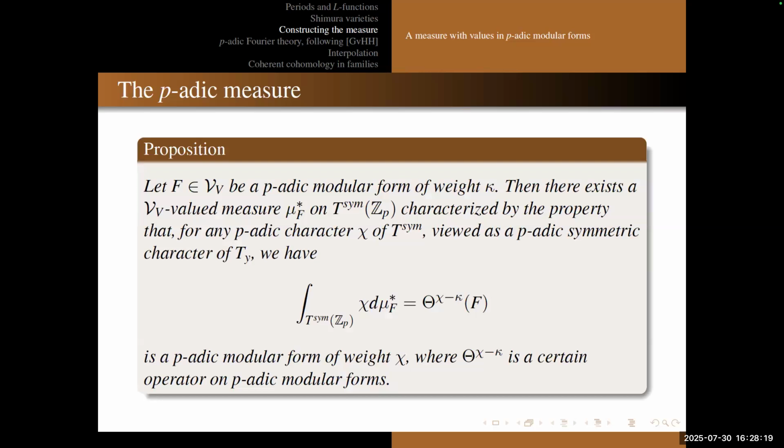So here's the p-adic measure. So we start with a p-adic modular form of weight kappa. This is in fact going to be an actual classical modular form realized as a p-adic modular form.